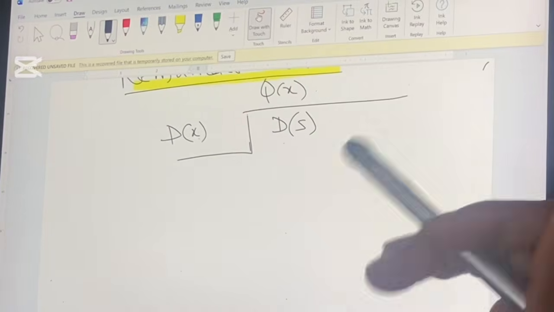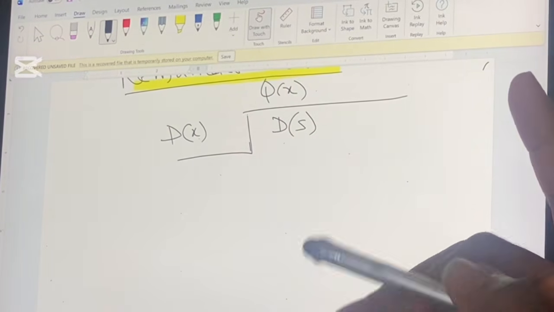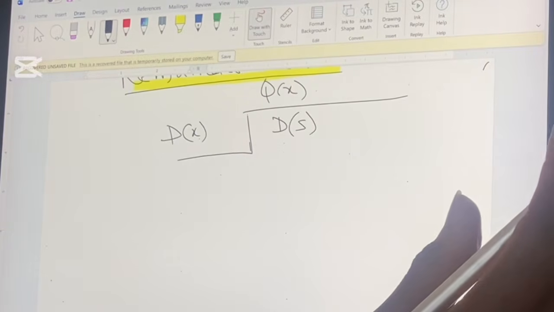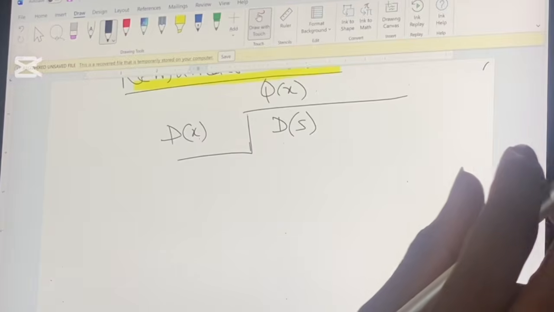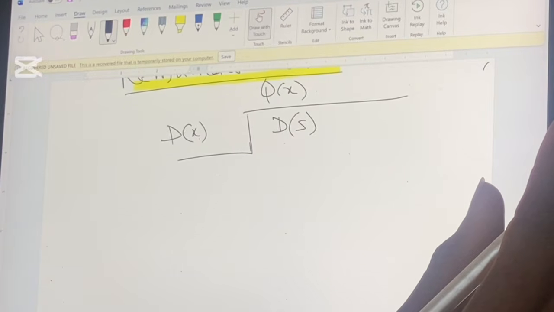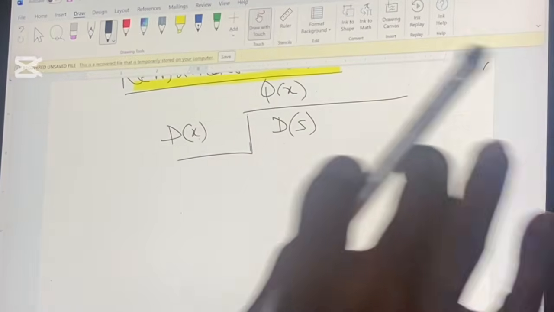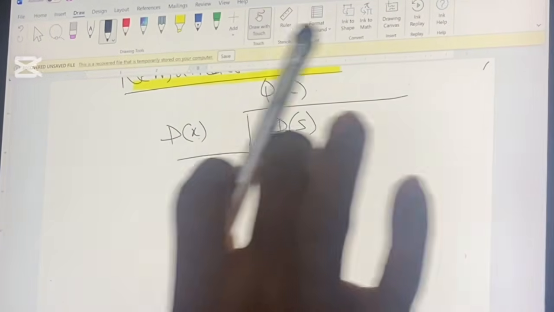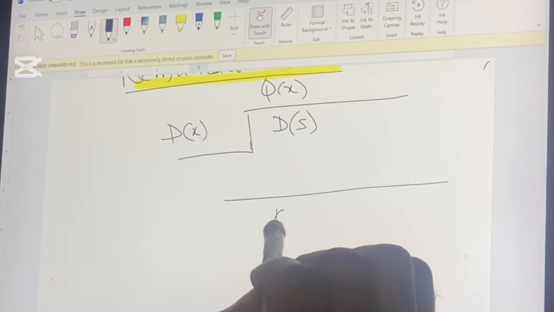Whenever there is no further division, or whenever the value of s diminishes, that part is known as the remainder. So this part here is our remainder.